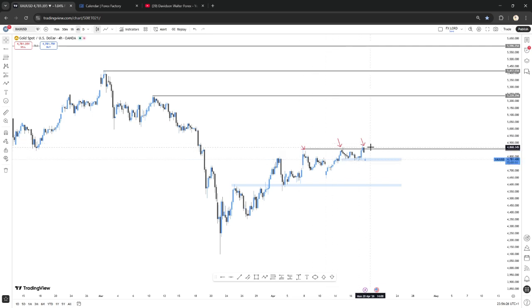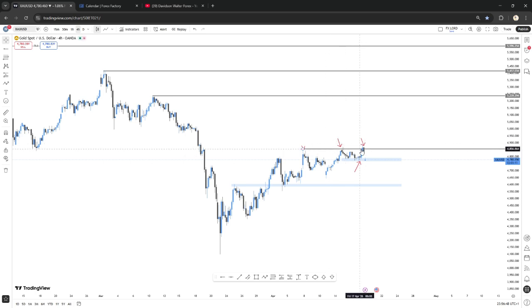So sellers are sitting up here, and also we have buyers. Right now we have buyers at this support level, and we have sellers at this level.